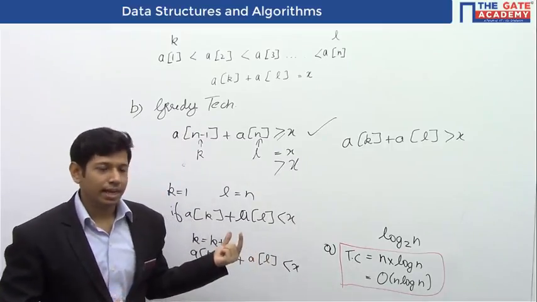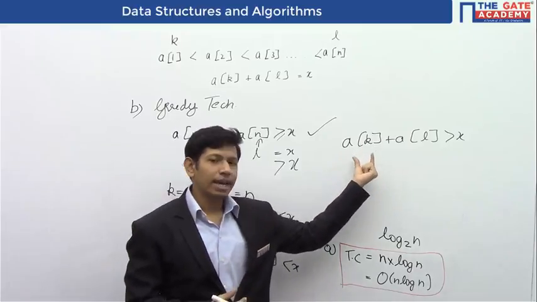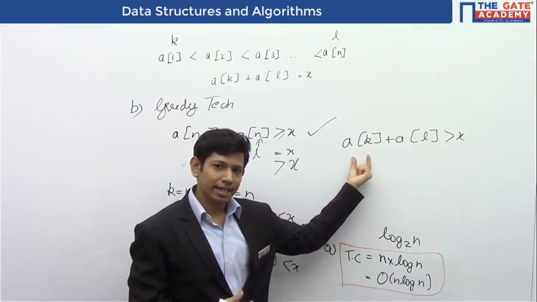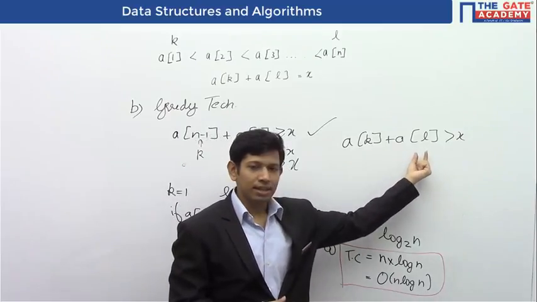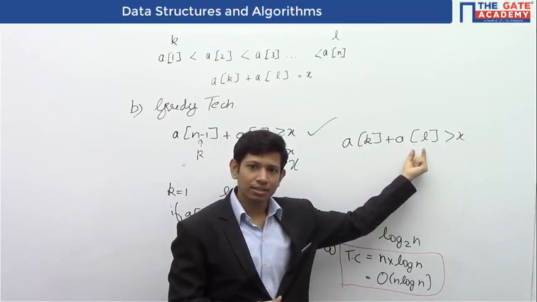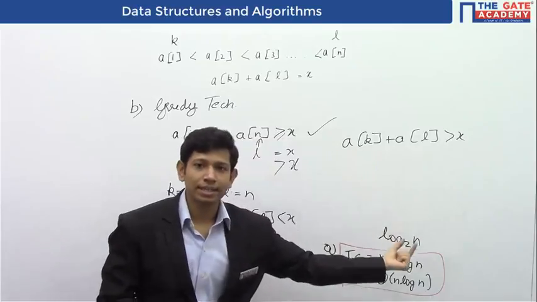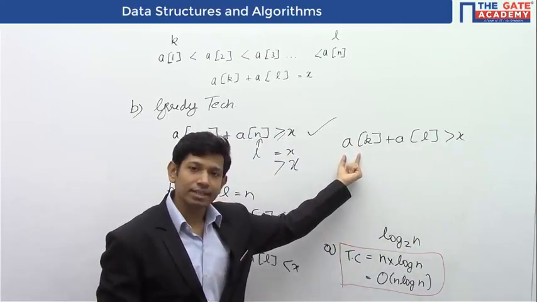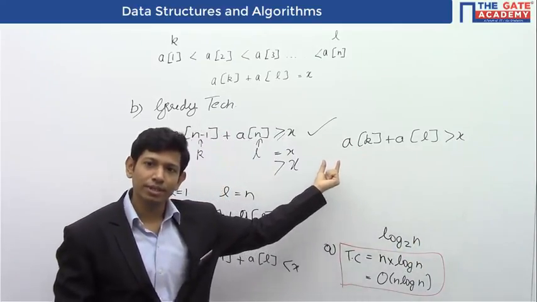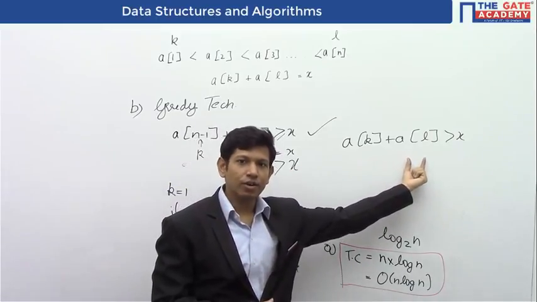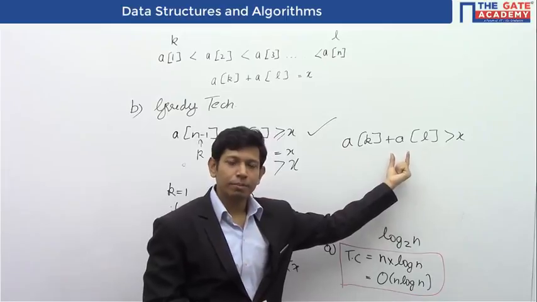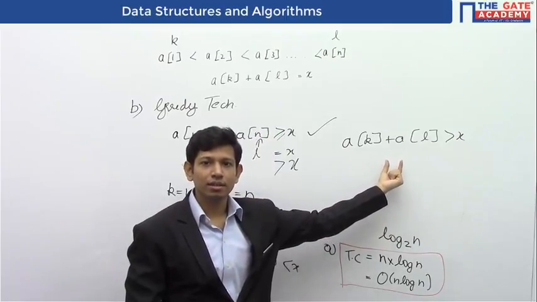What this means is that k is the smallest index, a of k is the smallest number, and l is the largest index, a of l is the largest number. Their sum is greater than x. So we cannot decrease a of k more because it is already the smallest number. But what we can do is, we can decrease l by 1. So it becomes a number smaller than the largest number.